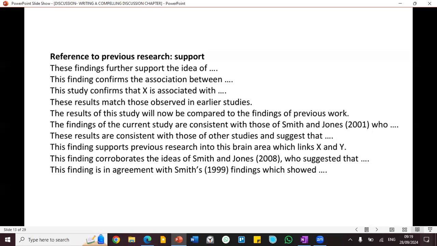You can say, "These findings further support the idea of," or the second one, "These findings confirm the association between X and Y." Look at the last phrase there, maybe I can read for you. "This finding is in agreement with Smith 1999, which showed," okay, so you can choose one that fits what you are expressing in your paragraphs or in your discussion section.